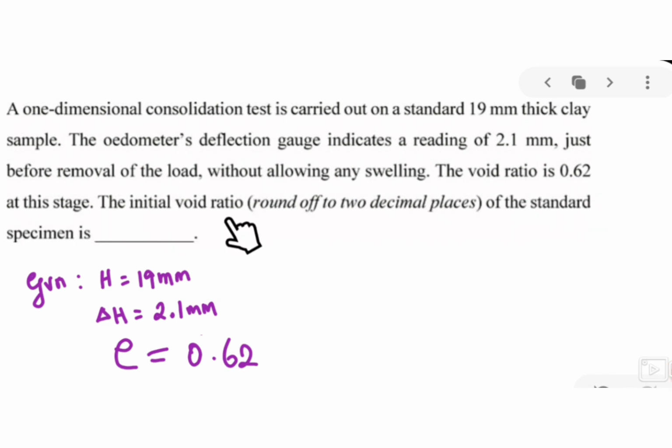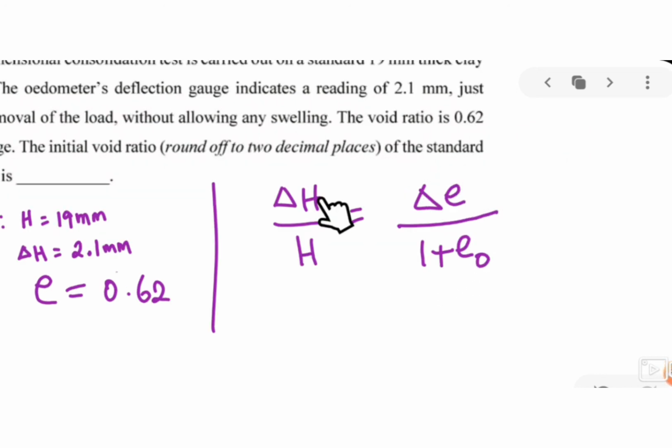I told you whenever they apply some load, compression happens, so some voids are removed from the soil. That's how consolidation happens. The respective formula for our question is this. Delta H we know, and the beginning of the test height is also given as 19 mm.